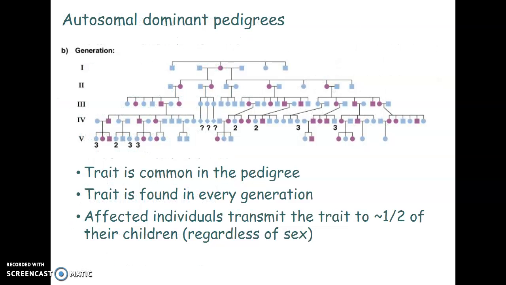An autosomal dominant trait is very common in a pedigree. Notice how many individuals have it. You see it in every single generation, and you can clearly see that half of the siblings could possibly get the autosomal dominant trait also.